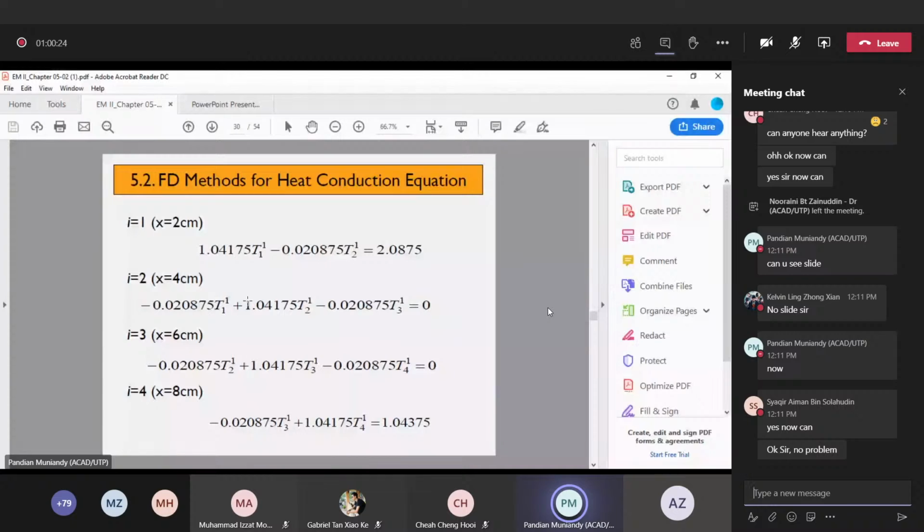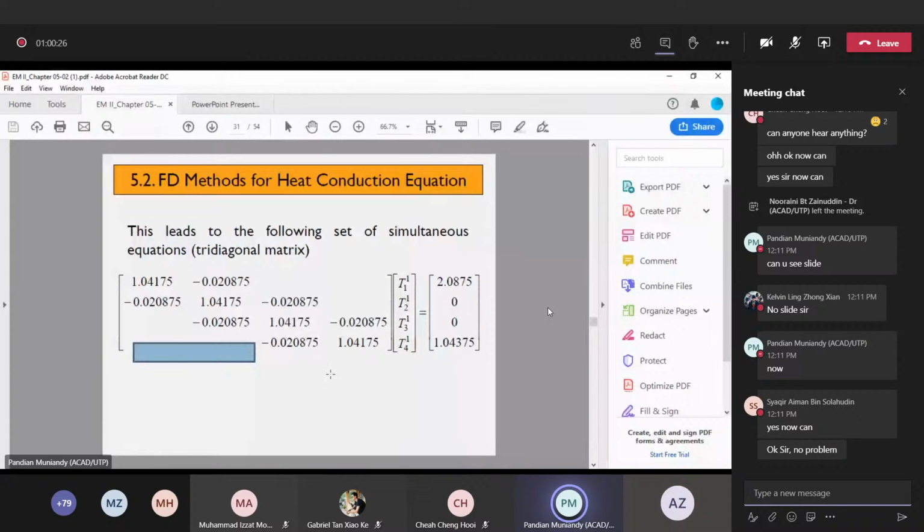So when you have this system, we know this is called simultaneous algebraic linear equations. Linear means not like x power 2, x power 3, but x power 1. So linear equations. Now we want to solve this using the Gauss-Seidel method. That is the idea.